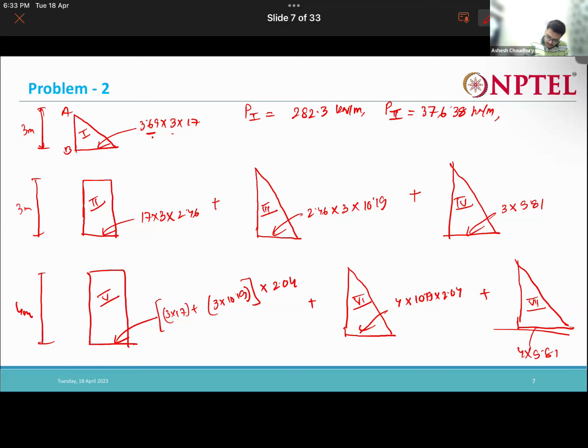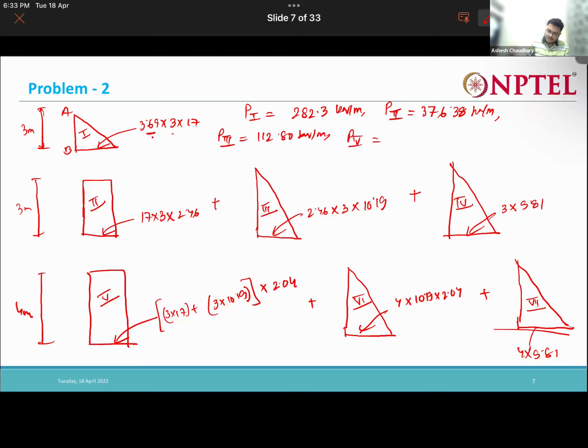Then P3: half into 2.46 into 3 into 10.19 into 3. That is 112.80.